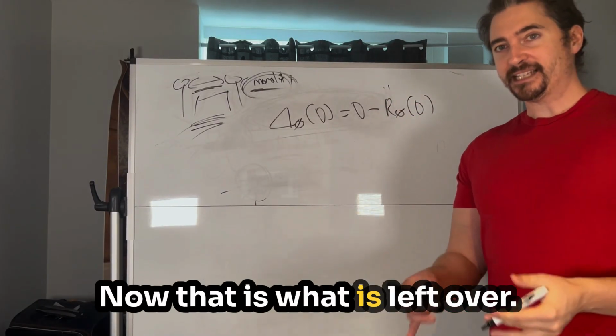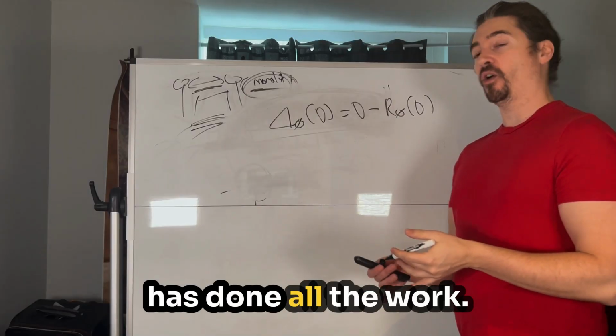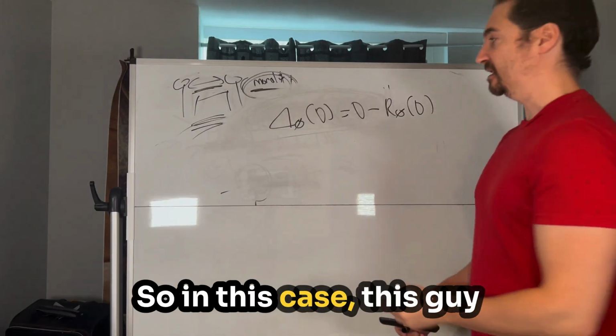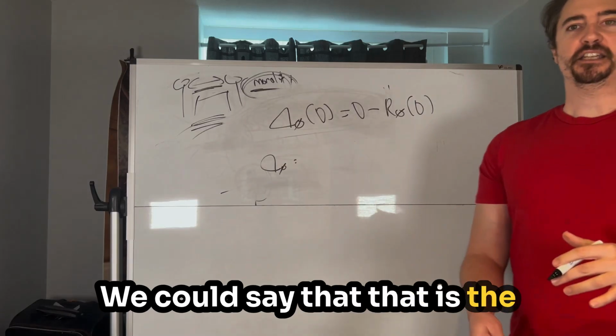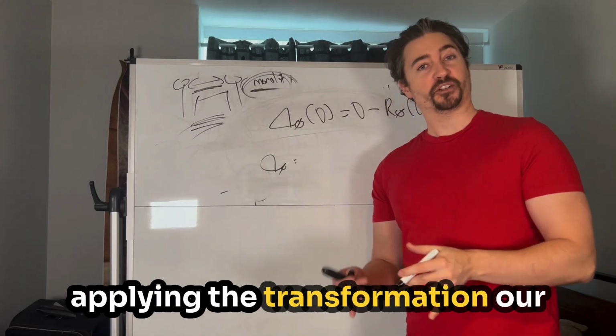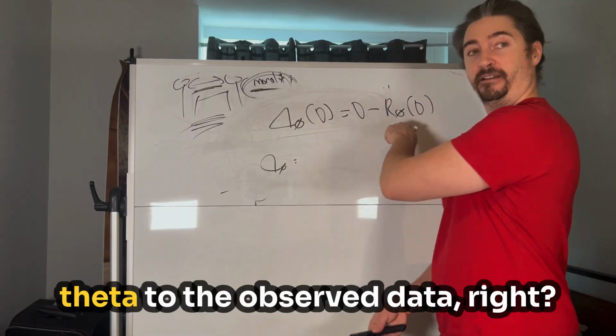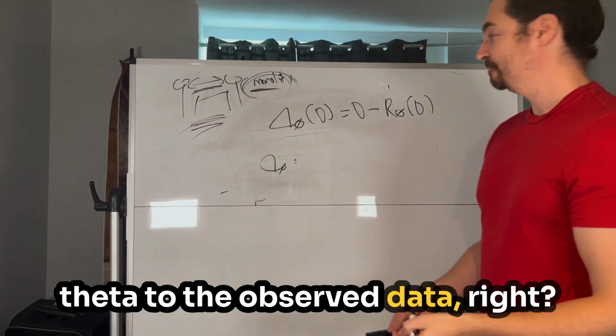Now, that is what is left over once the reduction has done all the work that it can. So in this case, this delta theta, right, we could say that that is the residual data left over after applying the transformation, R theta, to the observed data, right?